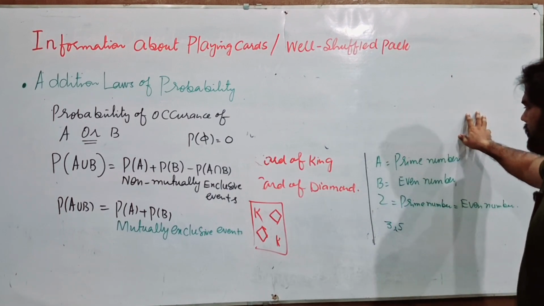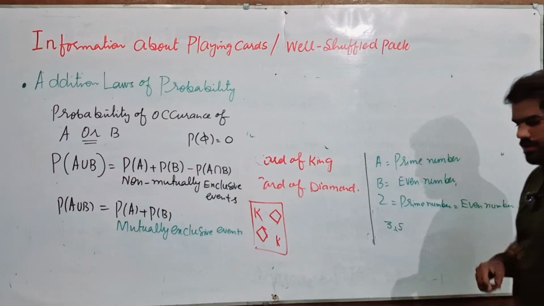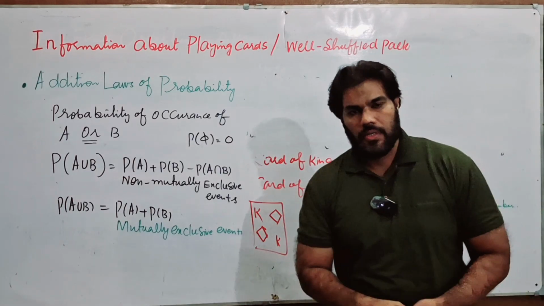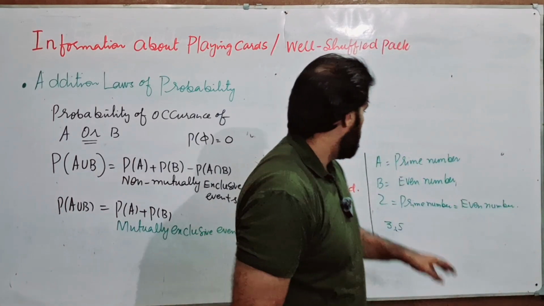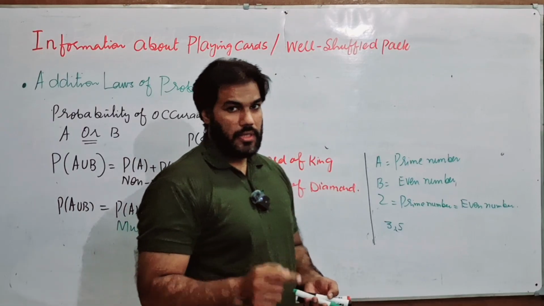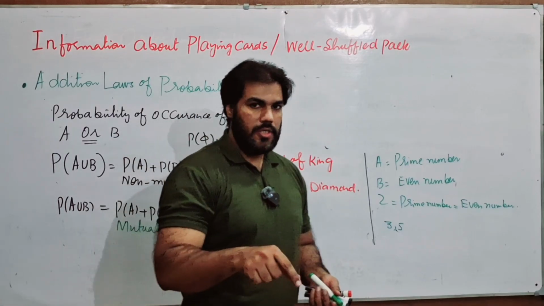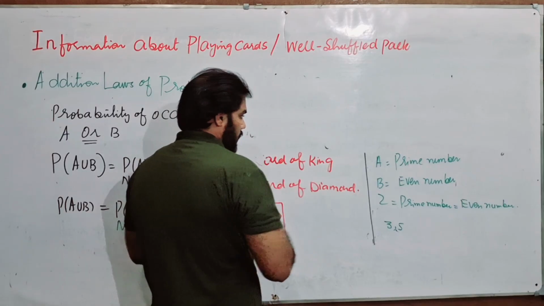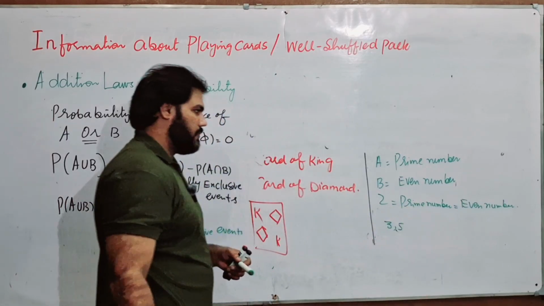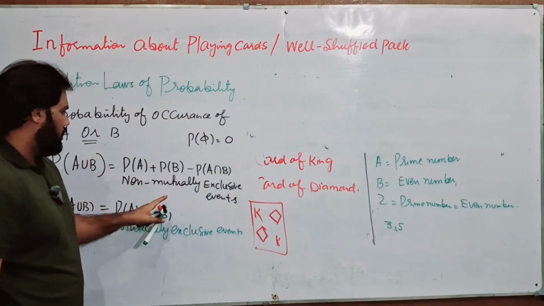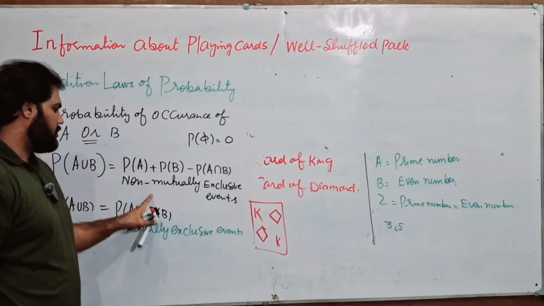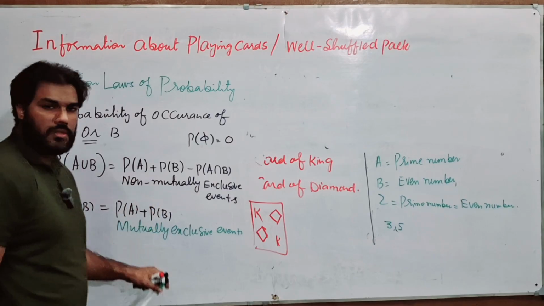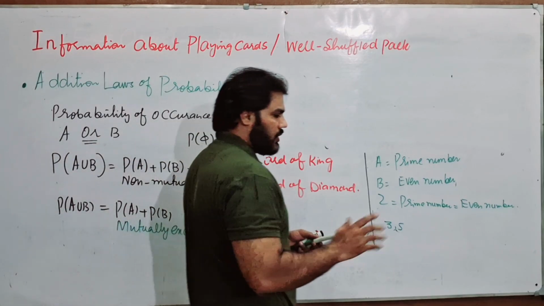What is the probability that the occurrence is a prime or an even number? The occurrence on a die is a prime number or an even number. So, which formula will be used here? For non-mutually exclusive events or mutually exclusive events? This is simple.